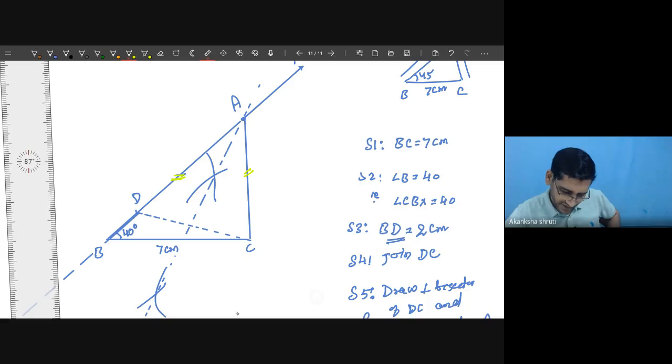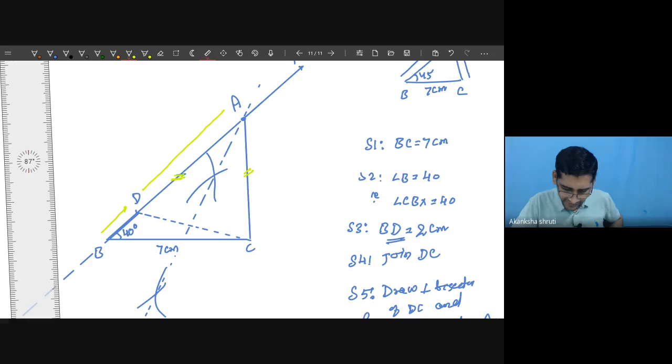Therefore, this BD and this DA, DA is the same as our AC, and AB is obtained by adding BD plus DA.